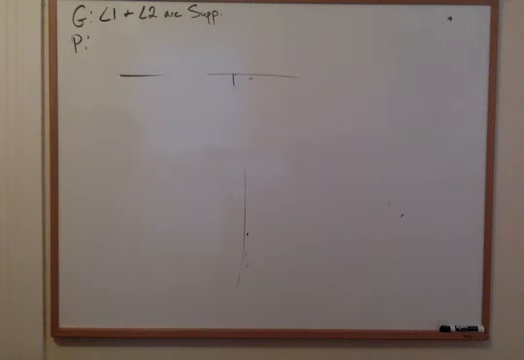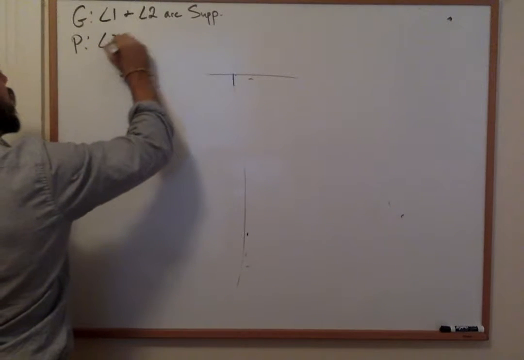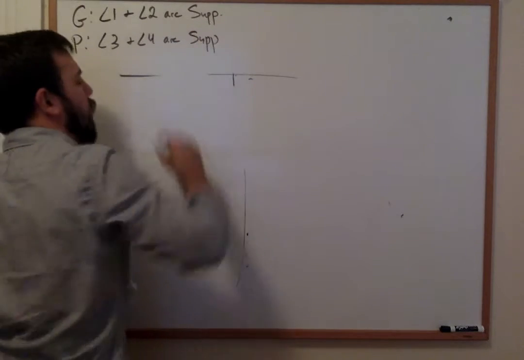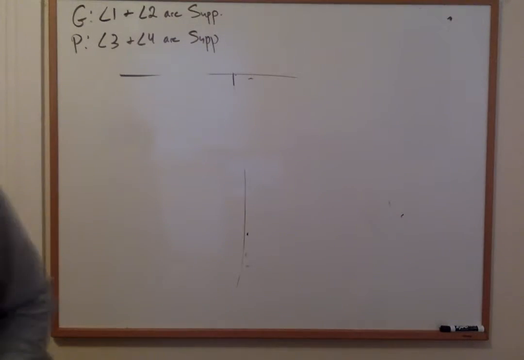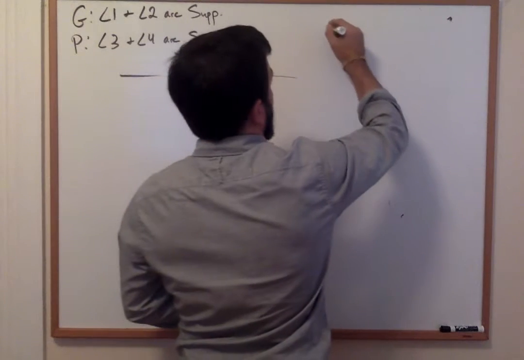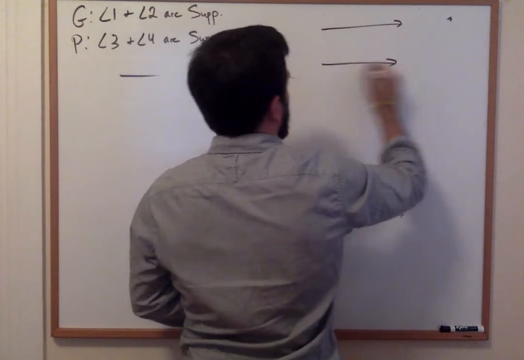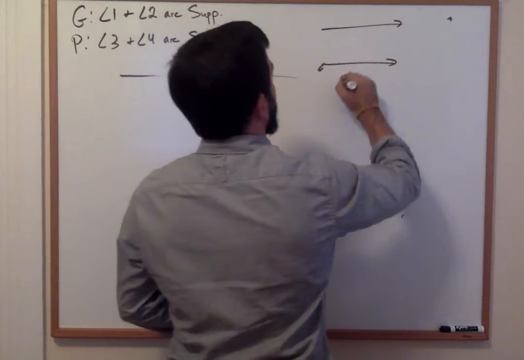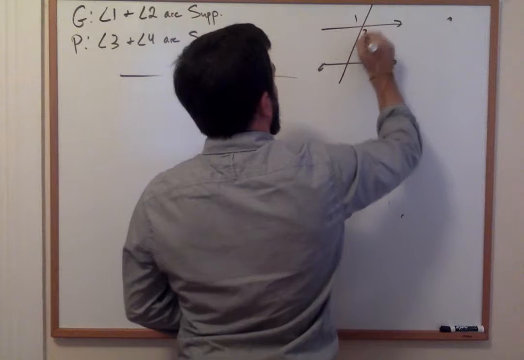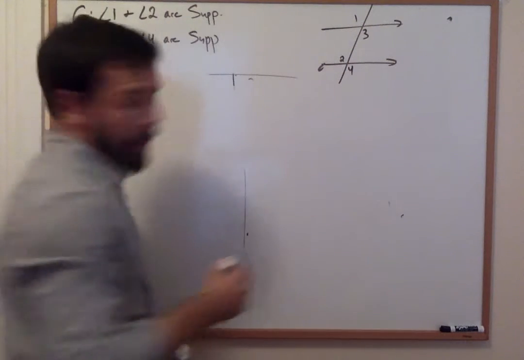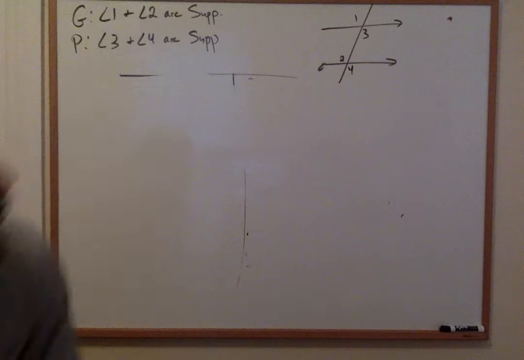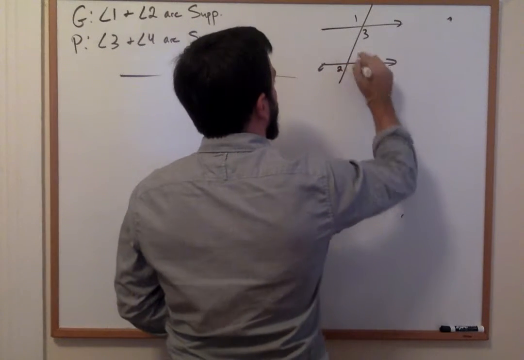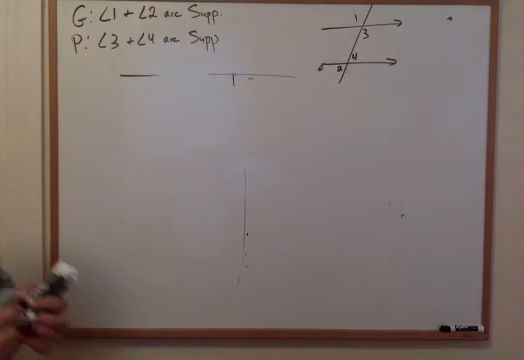And we need to show that angles 3 and 4 are also supplementary. And what we have is we have 2 sets of lines. They are intersected this way. And we have 1 and 3, right? 1 and 3 and 2 and 4. All right.